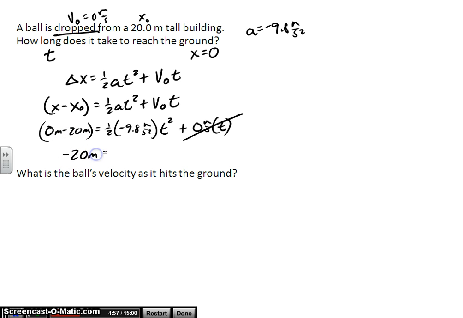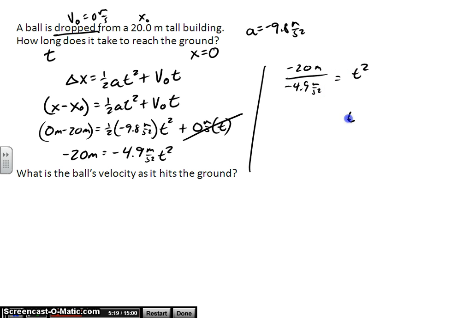Simplify over here. Negative 20 meters equals negative 4.9 meters per second squared t squared. You know with your algebra, we're going to divide both sides by 4.9 meters per second squared.